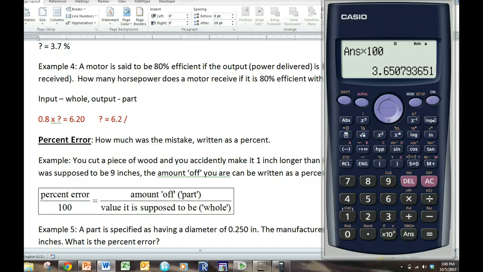So 6.2 divided by 0.8 is going to give me the input. It's going to give me the whole. 6.2 divided by 0.8. So as a decimal, that's 7.75. So my input, the question mark, is equal to 7.75 horsepower.